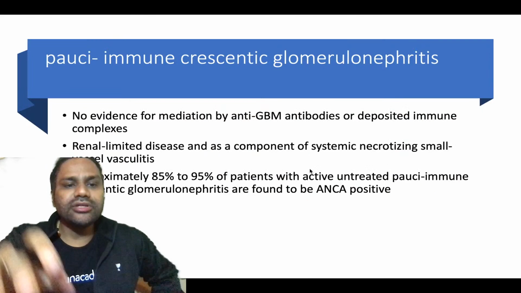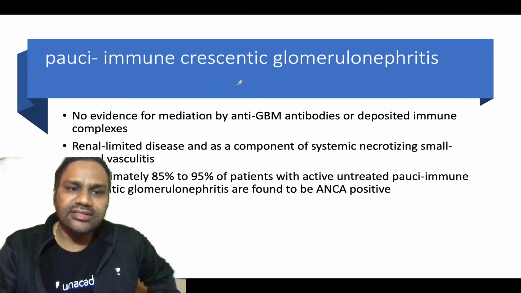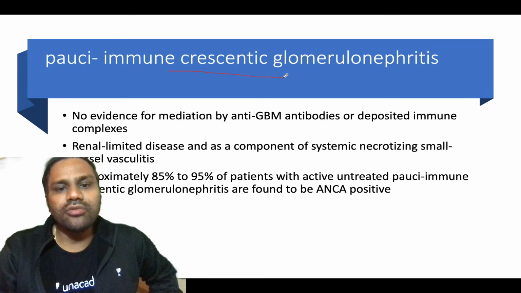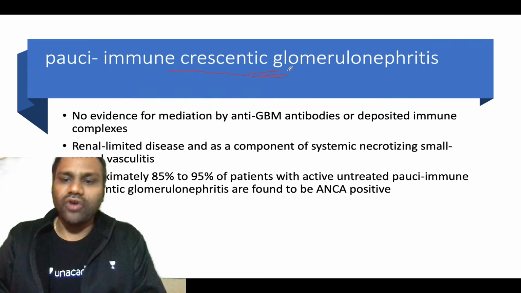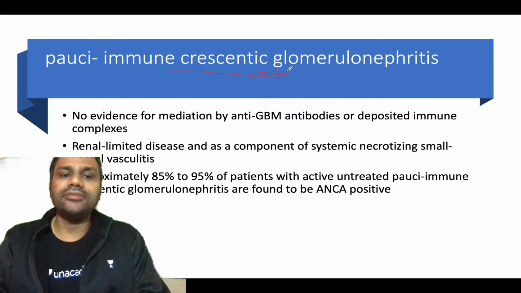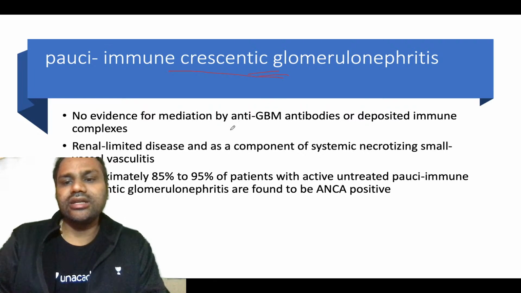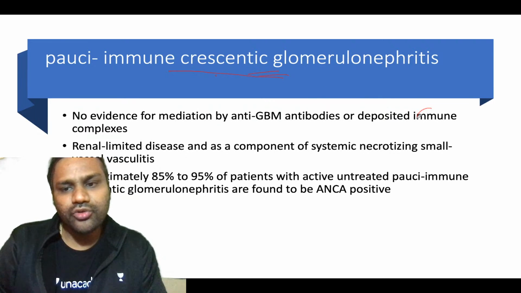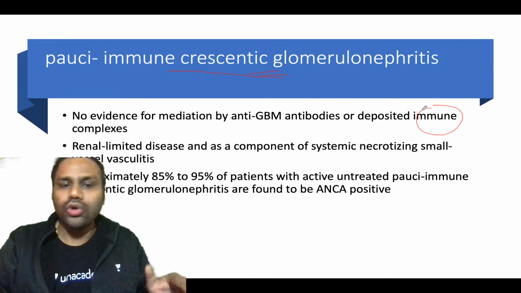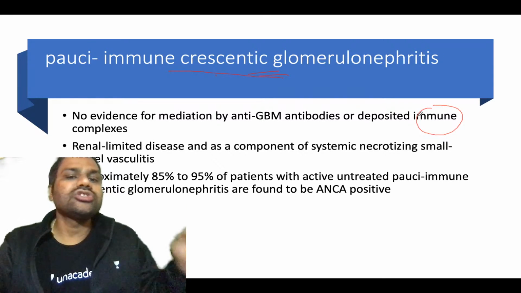Now coming to another type of glomerulonephritis, that is pauci-immune crescentic glomerulonephritis. What you need to know is that in pauci-immune there is basically no deposition of immune complexes. You don't have evidence of deposition of immune complexes.